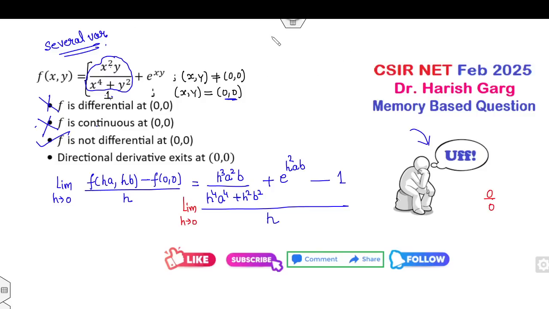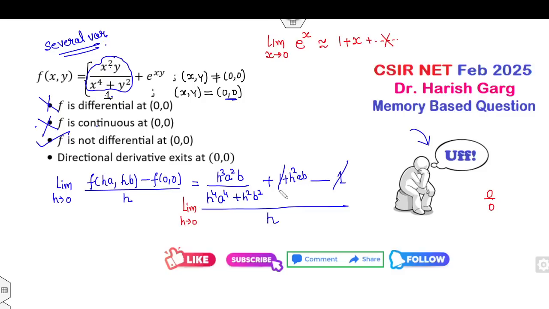That's very time consuming. We all know e raised to the power h squared ab; whenever x approaches 0, e raised to the power x will approximately be 1 plus x, because e to the power 0 is 1 and the rest, higher powers, I can neglect. So e raised to the power h squared ab can be written as 1 plus h squared ab.